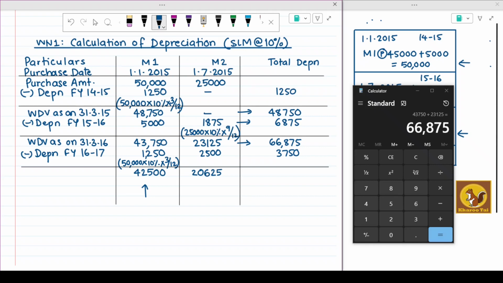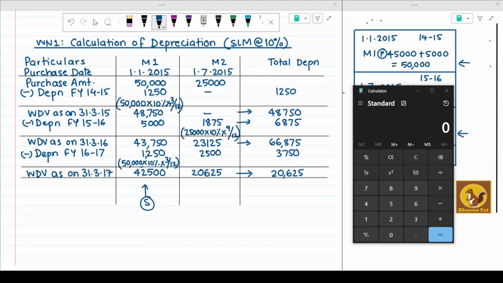And as this machinery is sold, we won't include this amount in our WDV, because at the year end this machinery will not be included in the WDV value. So here we will take the total of second machinery only, 20,625. WDV as on 31/3/17.